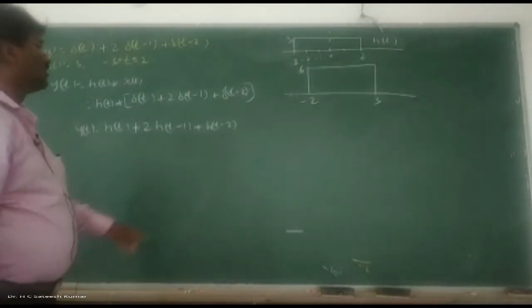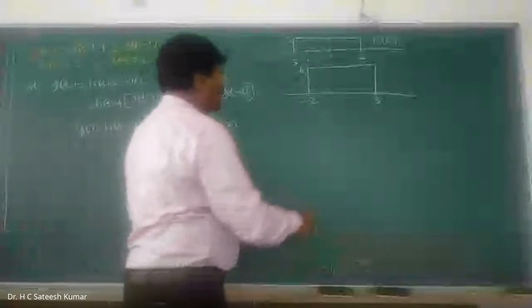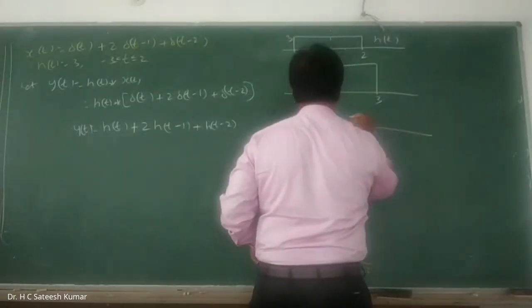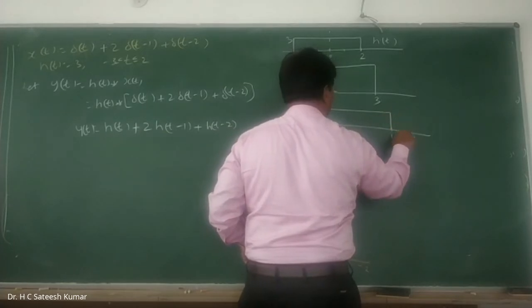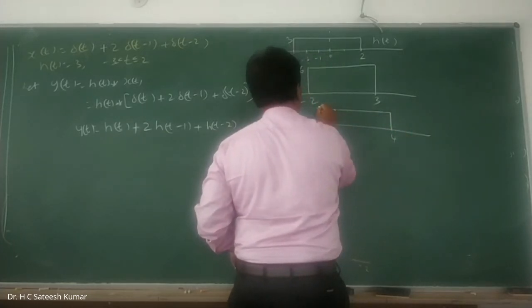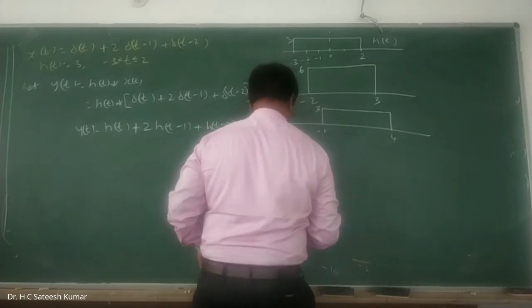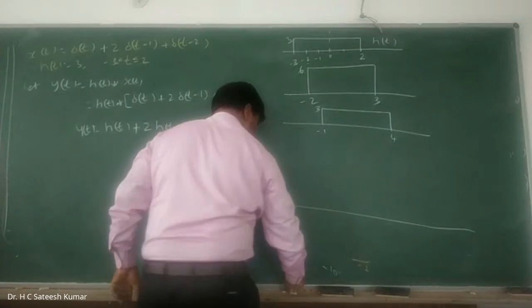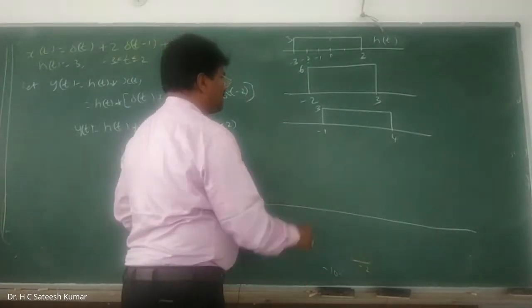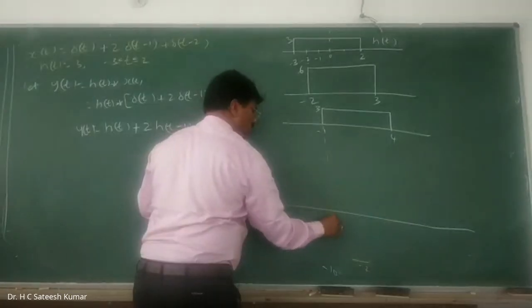Next, what is h of t minus 2? Shift right by 1 more unit. That means minus 1 to 4. Amplitude is 3. Add all of them. You will get the required signal, right? Very simple. First you mark the positions.